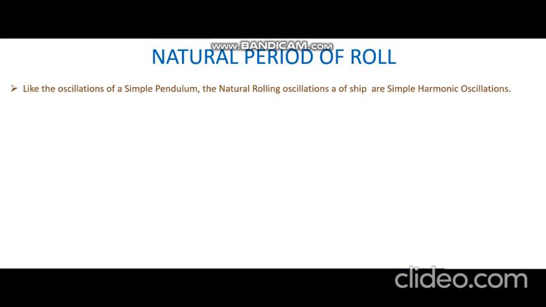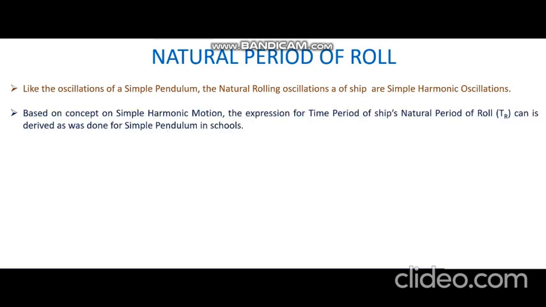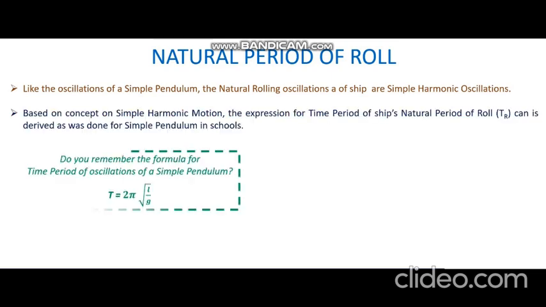And we know for a pendulum in school we have derived this formula, guys. Not to remember, but if you remember, this time period of oscillation for a simple pendulum was derived on the basis of simple harmonic oscillation, where L was the length of the pendulum and g was acceleration due to gravity. Some of you may now be able to recall that you did something like this, right, beta?